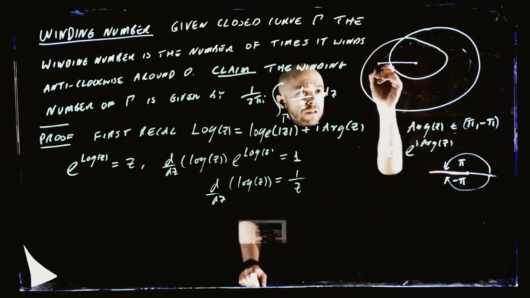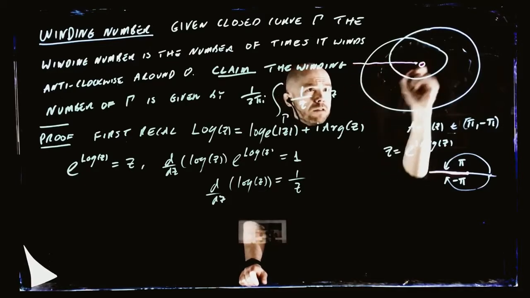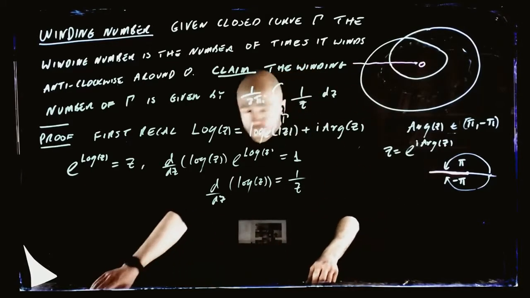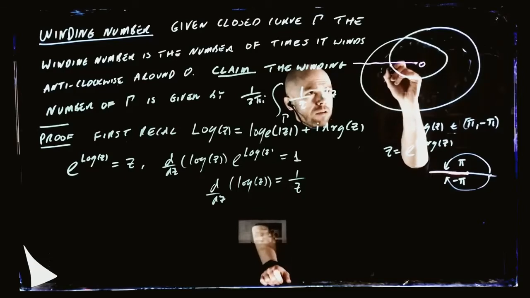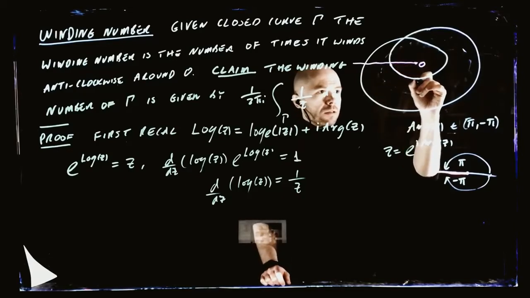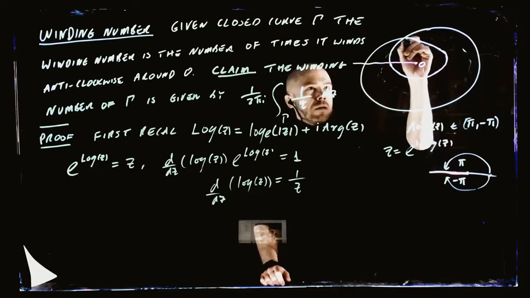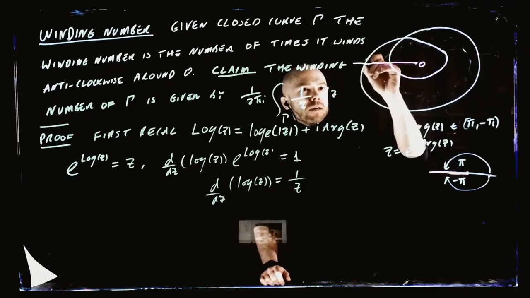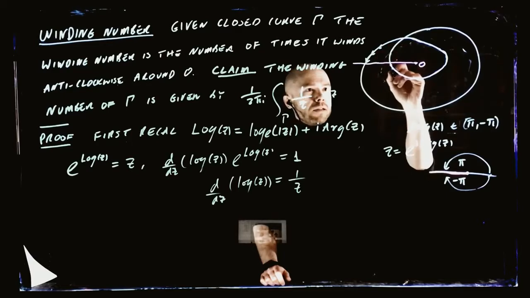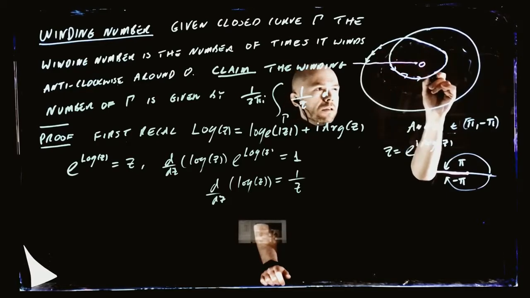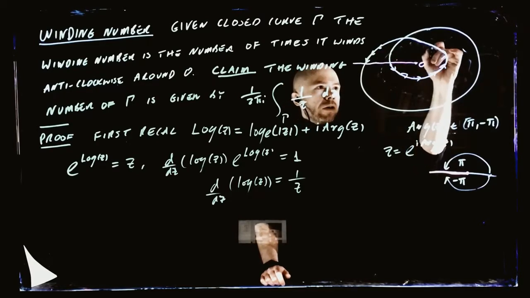Actually, let me change colors. So this is the negative real numbers here, so this here is 0. And let me make this in blue, so we're going around like this, like this, like this. Let this thing be the first part of our path.